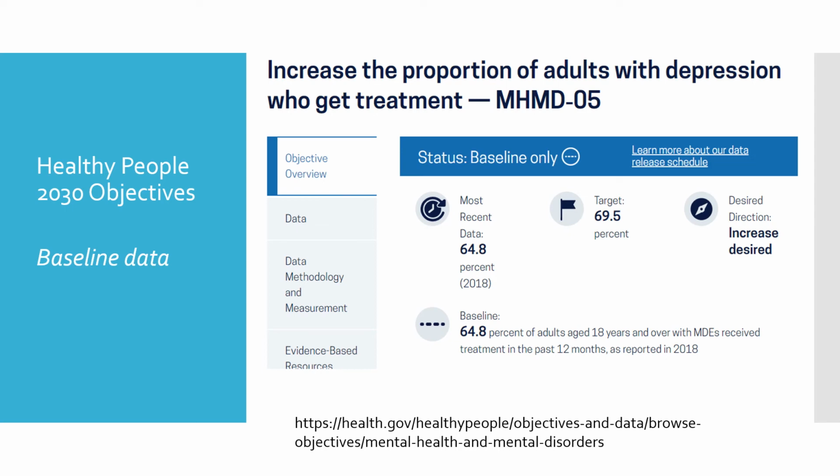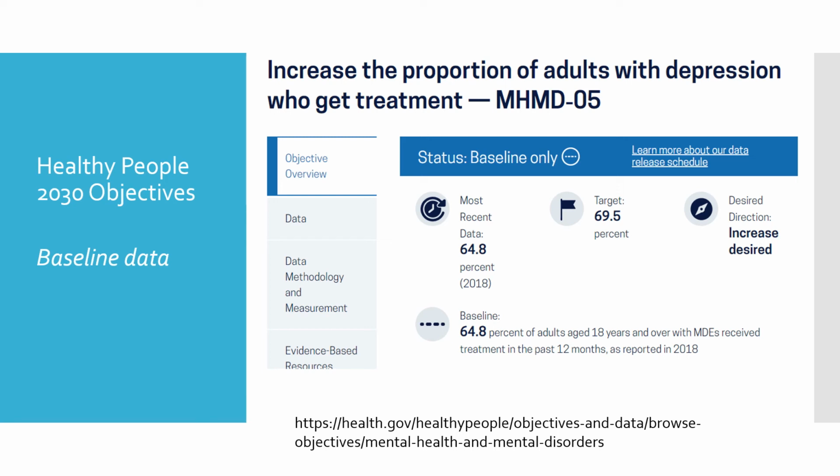Another goal of Healthy People 2030 is to address mental health. And this MHMD-05 is just the data about where this is found in this huge document, which is known as Healthy People 2030. The starting value is 64.8% of adults received treatment in the past 12 months, as reported in 2018.